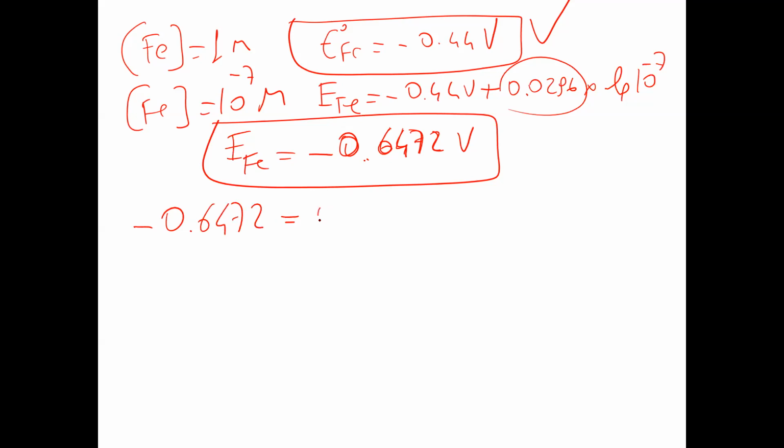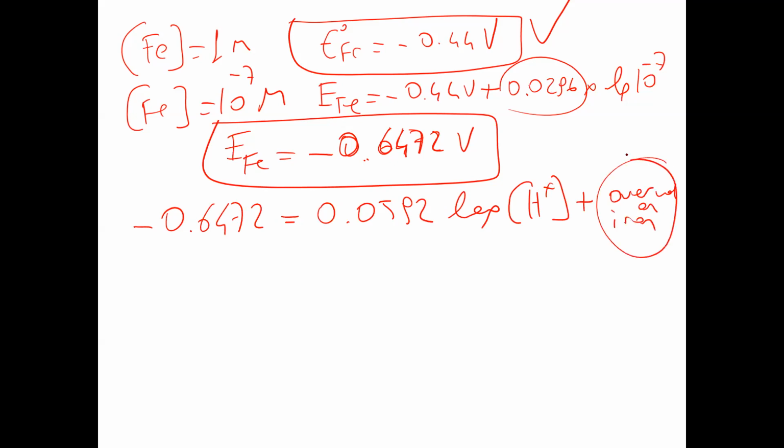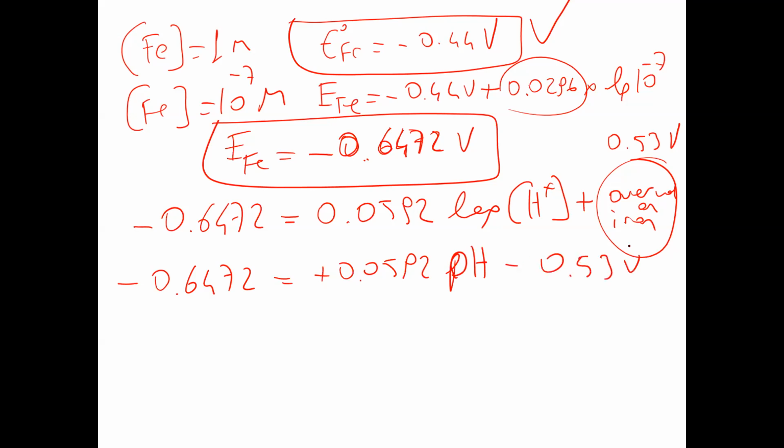Minus 0.6472 volt is equal to minus 0.0592 times the hydrogen ion concentration term, plus the overvoltage on iron, which is 0.53 volt, minus 0.472, and this is plus pH minus 0.53 volt, and the pH value is about 1.979. So the pH value would be equal to 2.